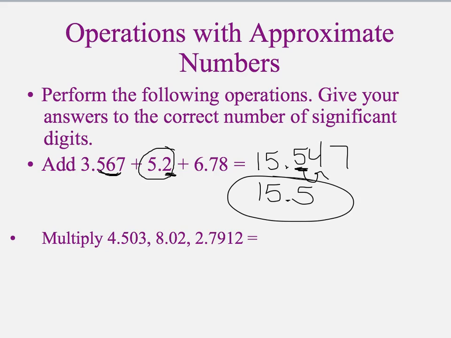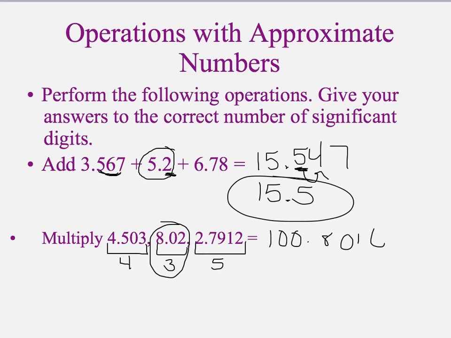And the least accurate number will have the fewest number of significant digits. So this one has 4, this one has 3, and this one has 5. So this is our least accurate number. I need to have 3 significant digits in my answer. So when I multiply, I get 100.8016. I need 3 significant digits, so 101.